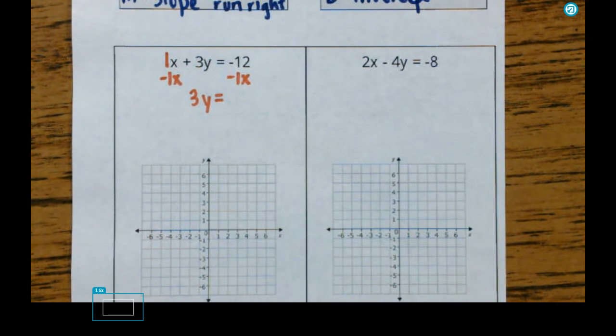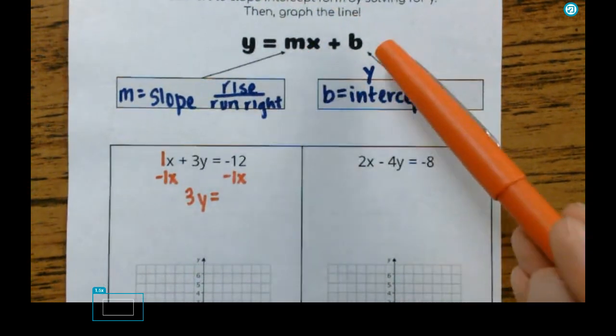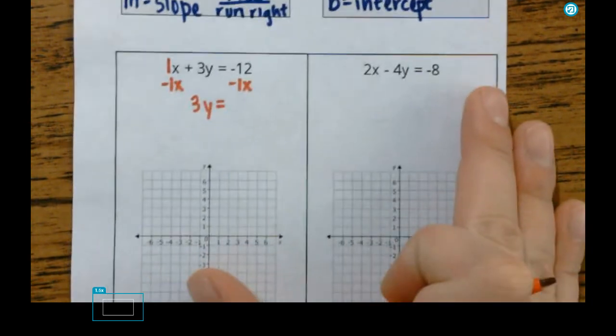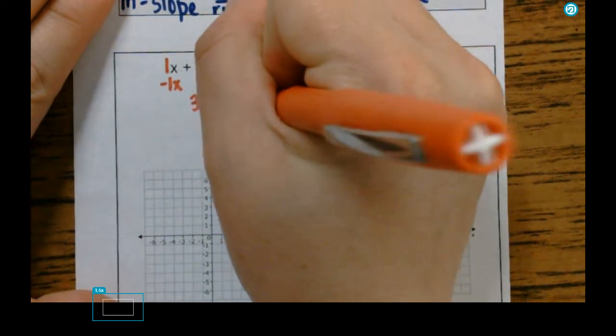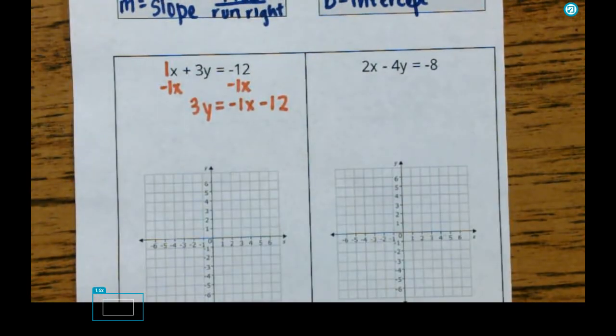So we can't combine because they're not like terms. So we're going to keep them separate. Also, because we want to be in this form with our x first and then our number by itself, we're going to put the negative 1x first. So we're going to have negative 1x, and then we're going to have minus 12. So instead of doing negative 12 minus 1x, we're going to do minus 1x minus 12.